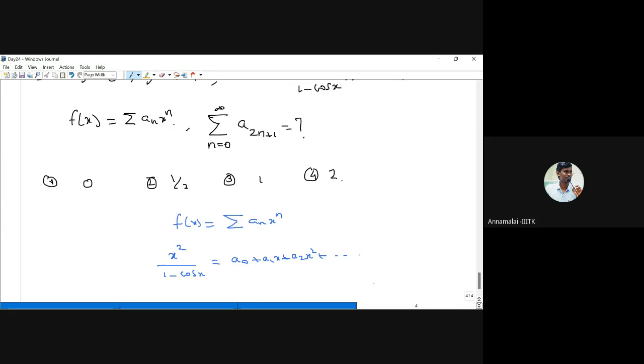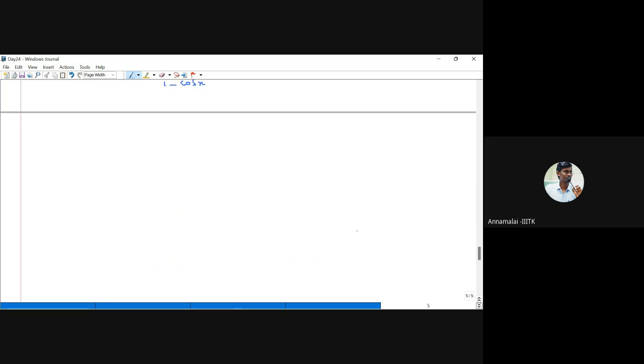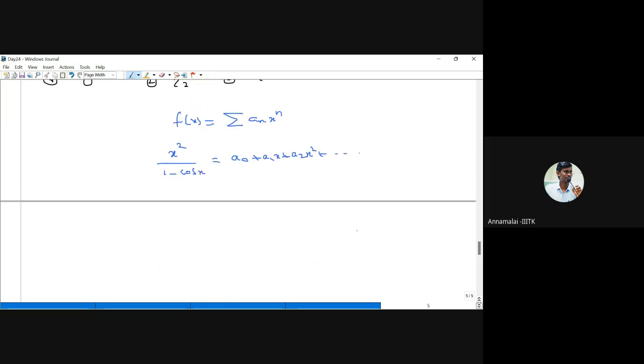Now if we substitute x equal to 1, what will we get? In the left hand side, we get 1 by 1 minus cos 1 equal to, what will we get? a naught plus a1 plus a2 plus and so on. Because we substitute x equal to 1, you will get this one.